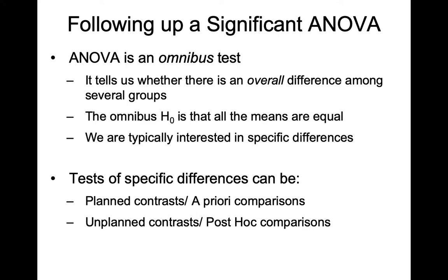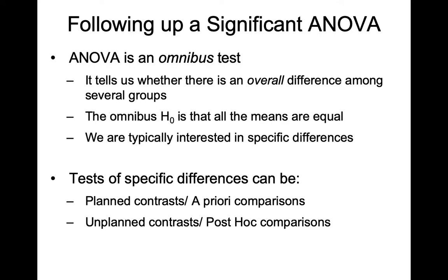Alternatively, comparisons could be unplanned. Okay, these are known as post hoc comparisons. In other words, after the fact. That's what post hoc means, after the fact comparisons. So it could be the case that there's no prediction or hypothesis as to whether avoidantly attached and anxious ambivalent attached individuals differ in their degree of trust.